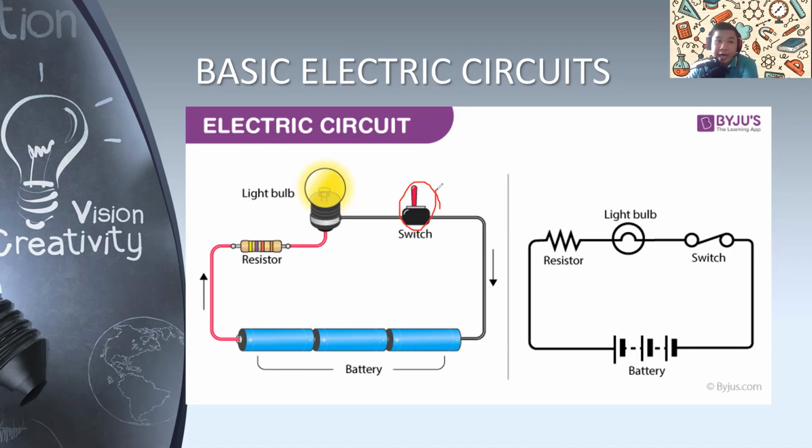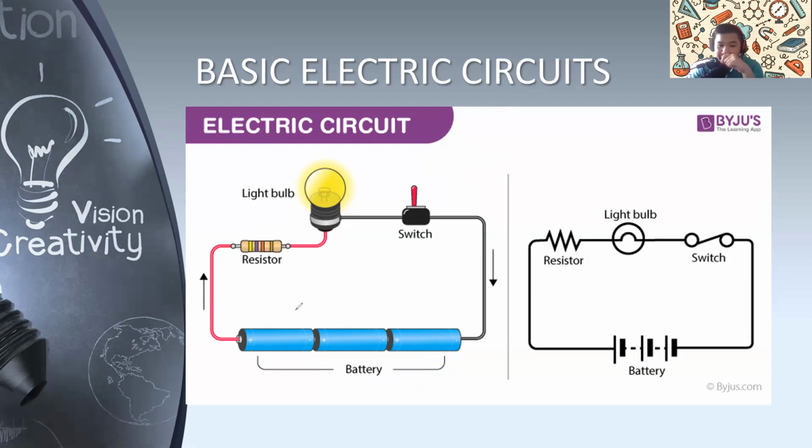The switch allows us to control whether we want the electricity to move or not. After that, we have the battery, and the batteries are where the electricity comes from.